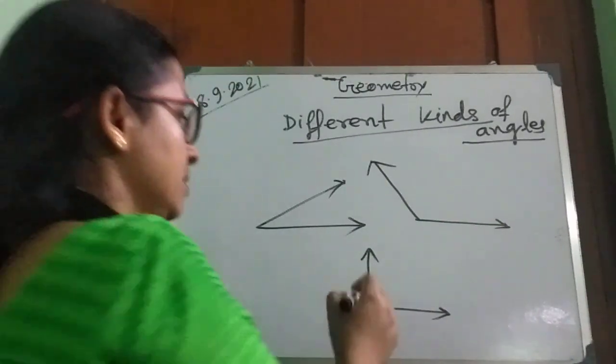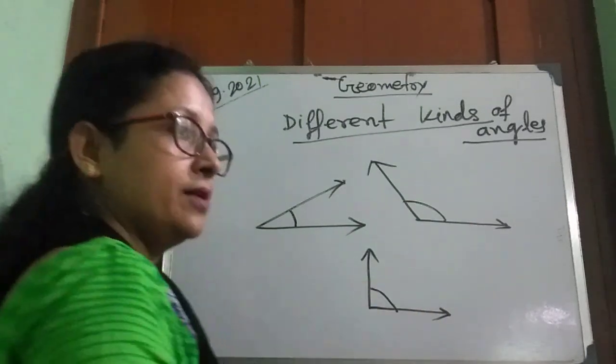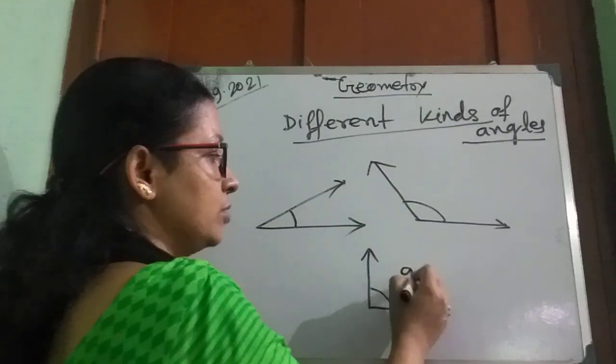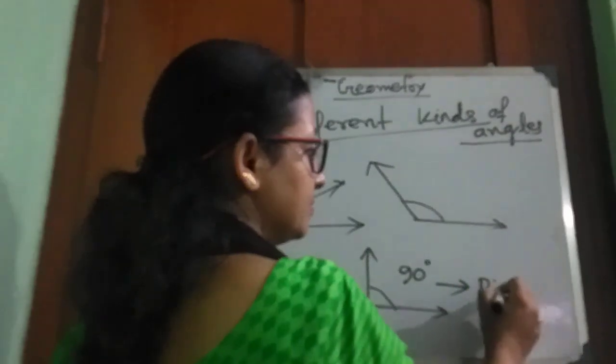According to measurement, their names are also different. If you measure this angle, you will get its value 90 degree. So this angle is a right angle.